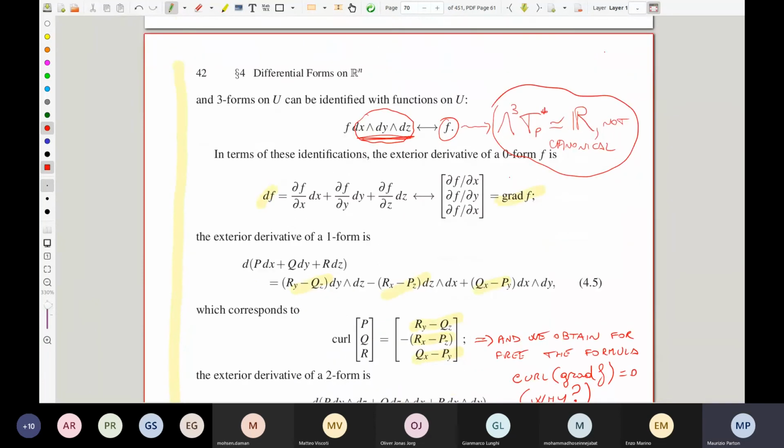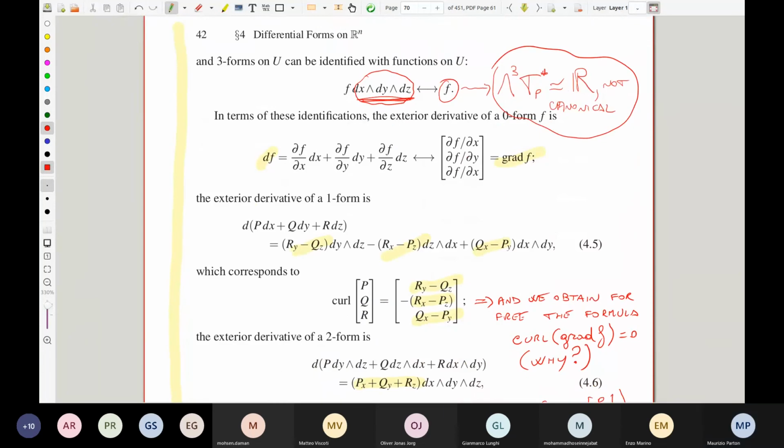And now look, the magic happens. If I take this identification, this tangent vector corresponds to a differential form. In this correspondence, the differential of f is just the gradient of f. The differential of the one-form, that is a two-form, if you compute the coefficients, they are just this.